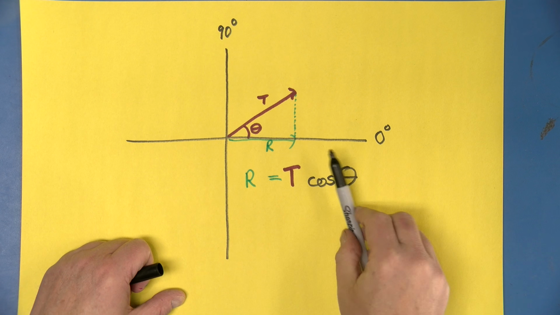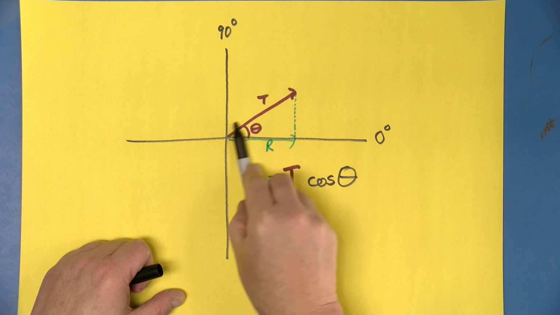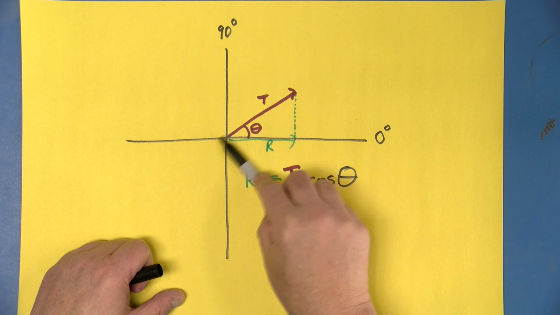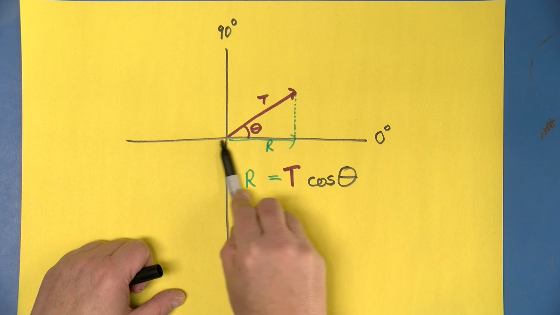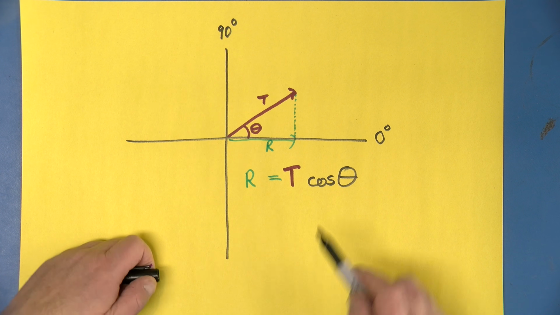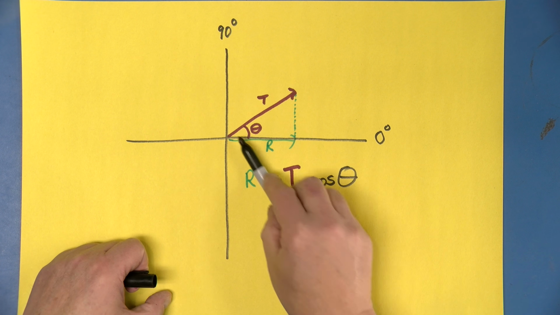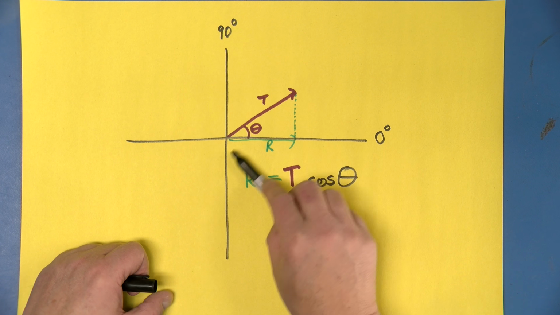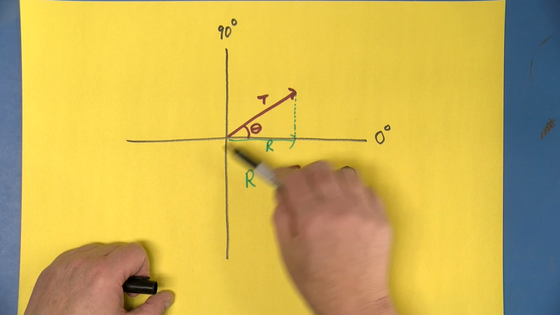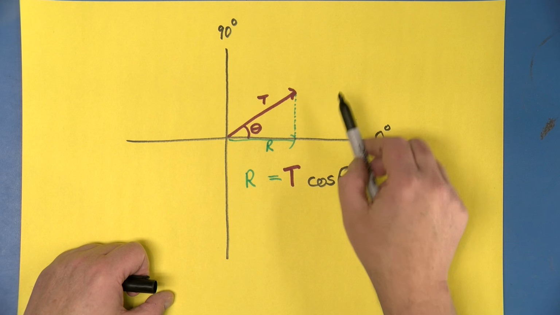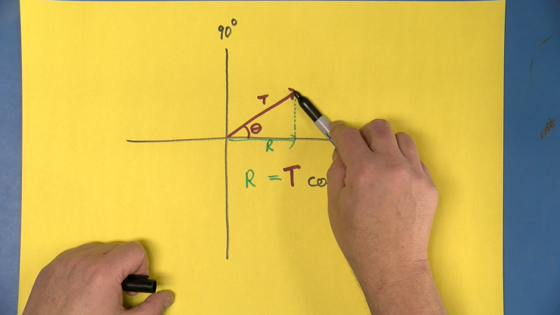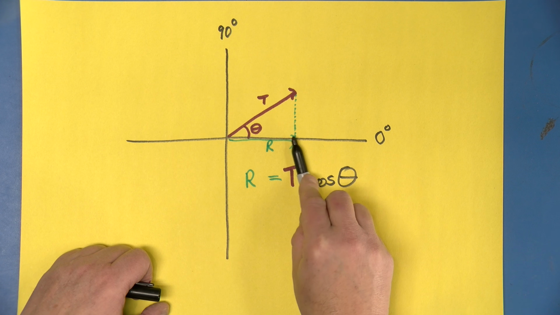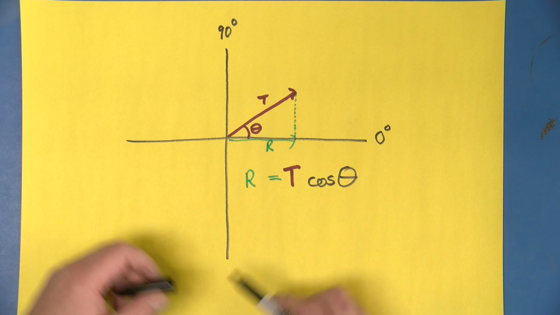So the cosine of that angle simply tells us what fraction of the total current is in-phase current. And it also tells us what fraction of the apparent power, in other words, the current times the voltage, not worrying about the phase, is the real power, the power that's delivering energy to the load itself.